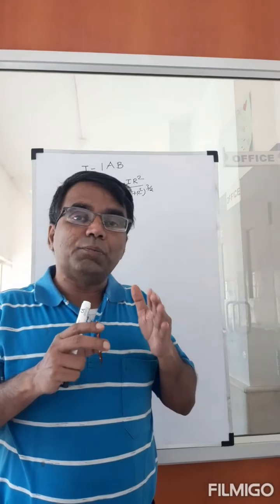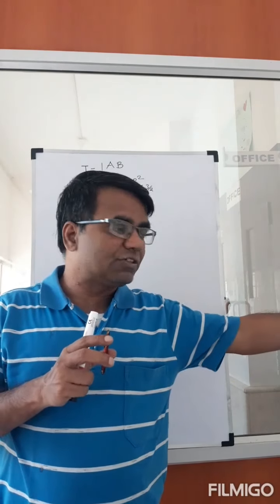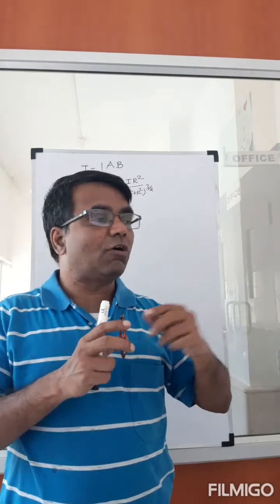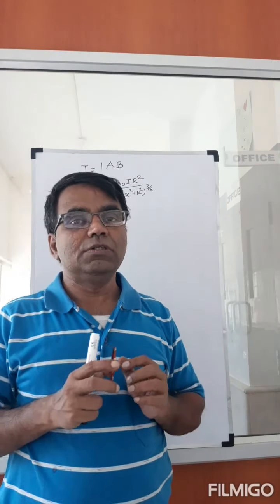Let us suppose I want to find the field at a far off distance, a very large distance compared to the radius of the loop. So x is much greater than r. So that is where I want to find it.